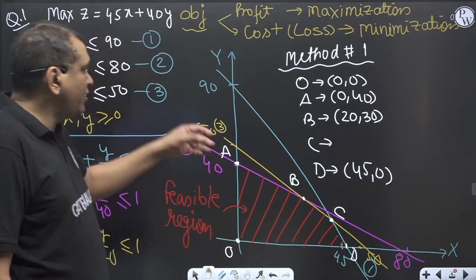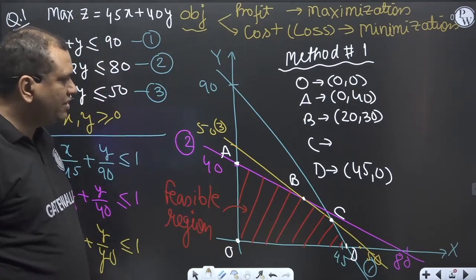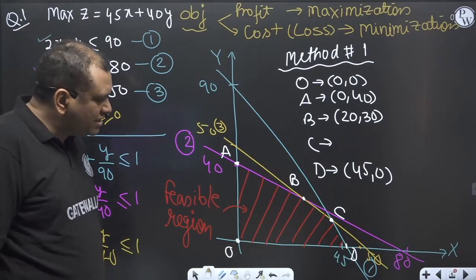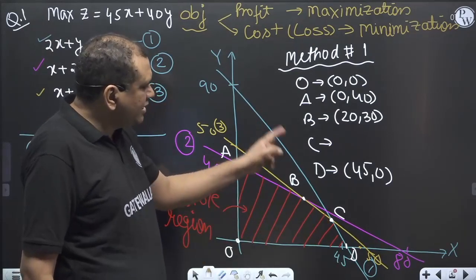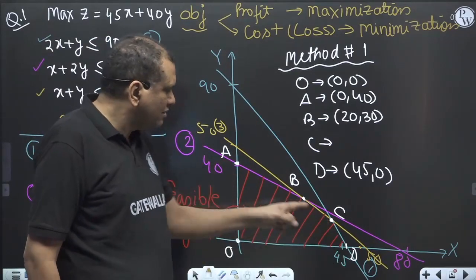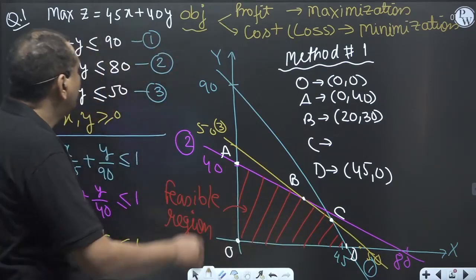So the intersection point between 2 and 3 is B. Now C is the intersection point of 1 and 3. Correct?